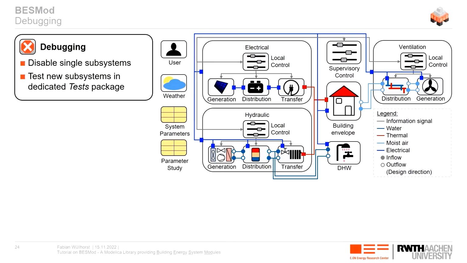If we implement new systems, we can always test and disable single subsystems, as I've shown by not simulating ventilation. What you can also do is use the separate test packages. For each module you create, you can make a dedicated test and check if your module works. And if it works in there, it typically works in the simulation of the energy system as well.